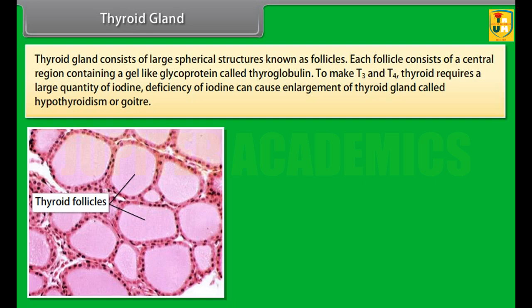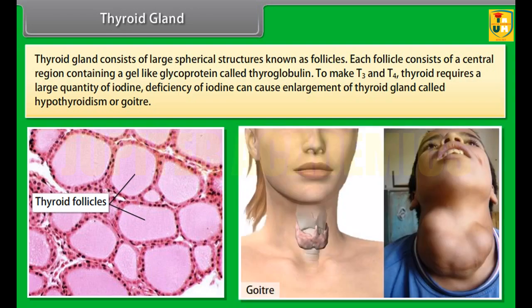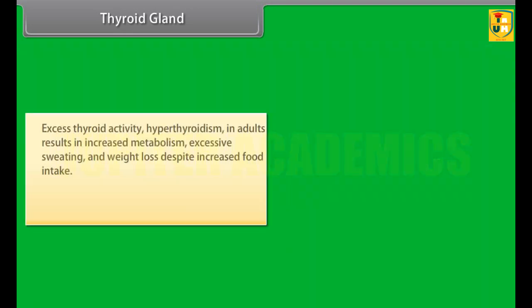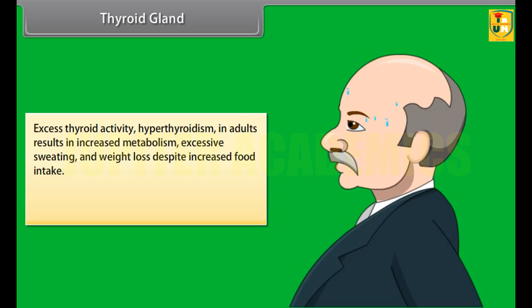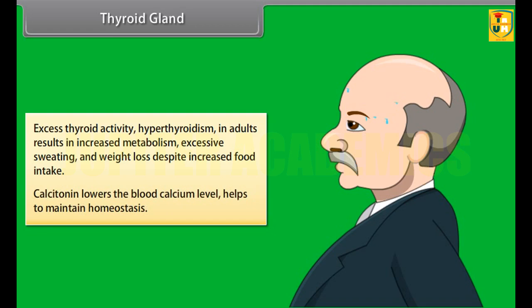Deficiency of iodine can cause enlargement of the thyroid gland called goiter, with hypothyroidism. Excess thyroid activity, hyperthyroidism, in adults results in increased metabolism, excessive sweating, and weight loss despite increased food intake. Calcitonin lowers the blood calcium level and helps to maintain homeostasis.